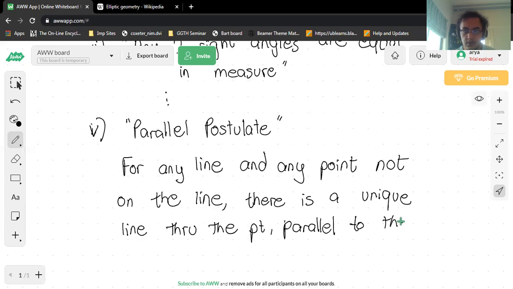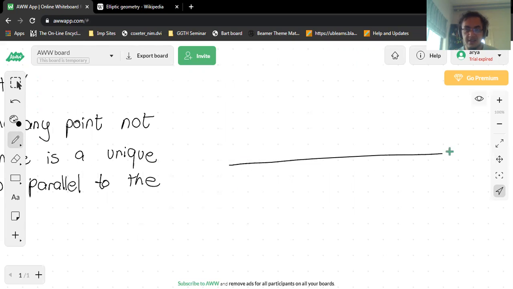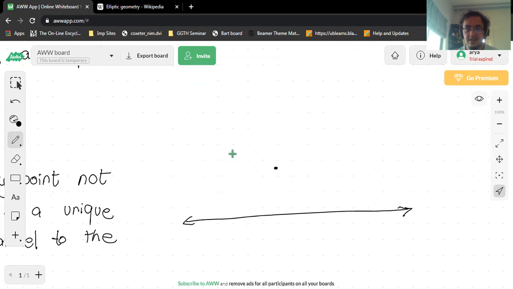So if you have some line and you choose any point not on this line, then what you cannot have is two lines passing through this point which are both parallel to your given line. You can have at most one line through this point parallel to the given line.